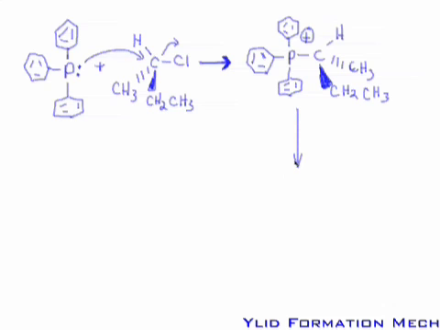The base we often use could be sodium ethoxide, an alkoxide base, O minus CH2CH3; you could use propoxide, butoxide. So you can use any alkoxide base, or you can even use the more powerful bases, the alkyl lithiums, such as butyl lithium.